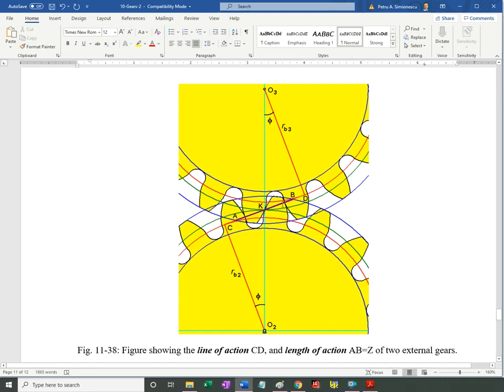If you can measure this length, and then divide it by the circular pitch on the base circle, that gives an average number of teeth in contact.